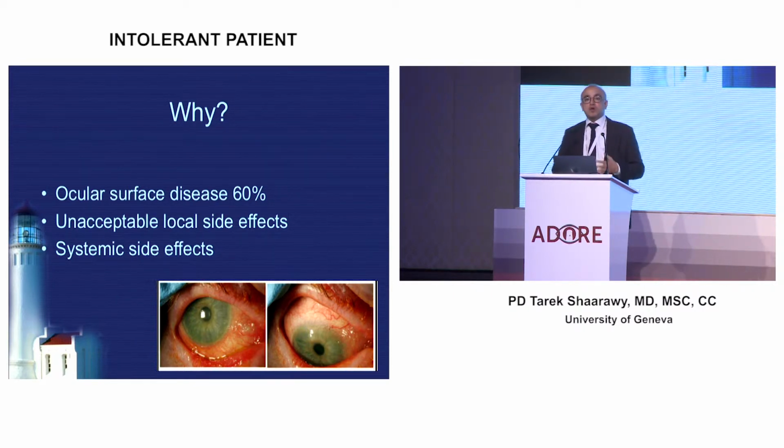So we take a group of patients that are prone to ocular surface disease or have already ocular surface disease, and then we start bombarding their eyes with medications, with different molecules, and those molecules, unfortunately, can push them over the cliff and produce clinically significant ocular surface disease with all its symptoms and signs that cannot be well tolerated by the patient on the long term.